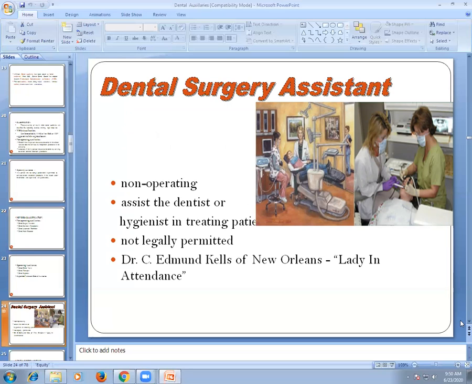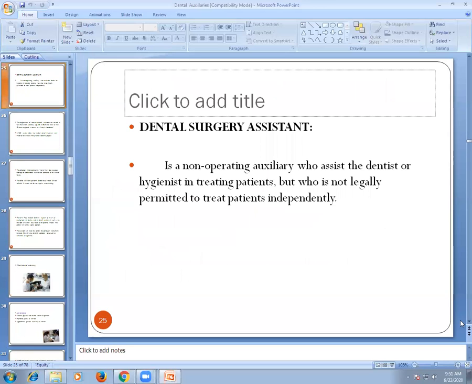The dental surgery assistant is a non-operating auxiliary whose role is to assist the dentist or hygienist in treating the patient, but who is not legally permitted to do work in the patient's mouth or treat patients independently.